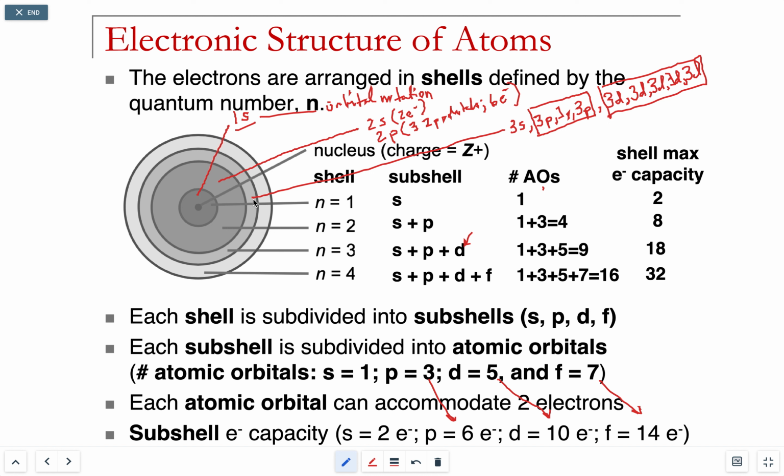In the n=3 shell, the electrons can be arranged in 3 different subshells, with a total electron capacity of 2 electrons in each of these orbitals, which gives you 18. And when we go to n=4, we're going to have 4s, 3 4p orbitals, 5 4d orbitals, and then we will have 7 4f orbitals for the first time.